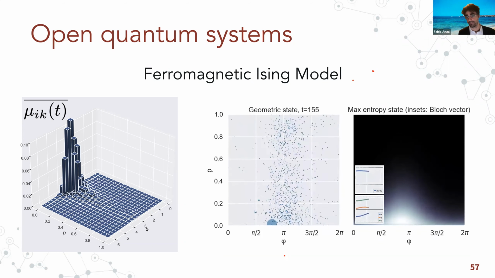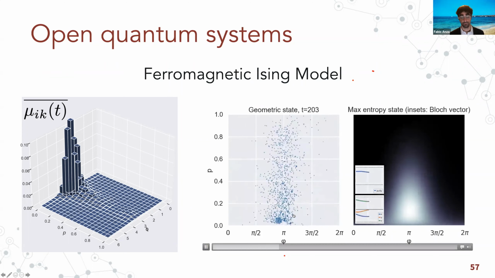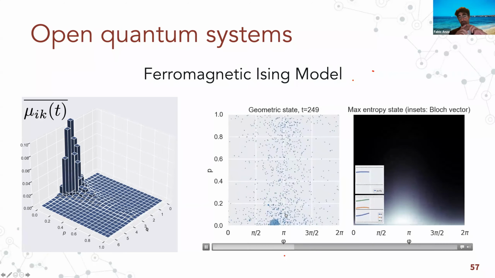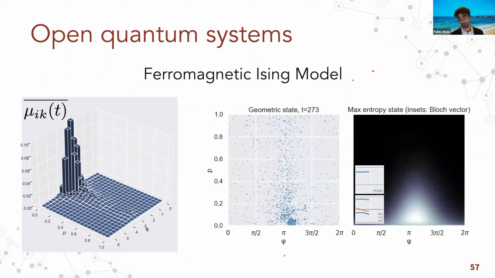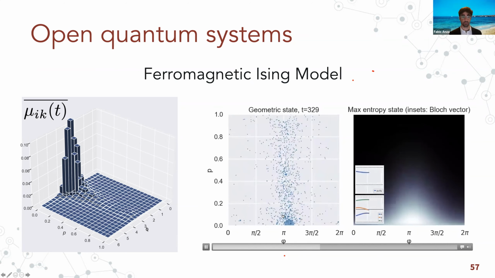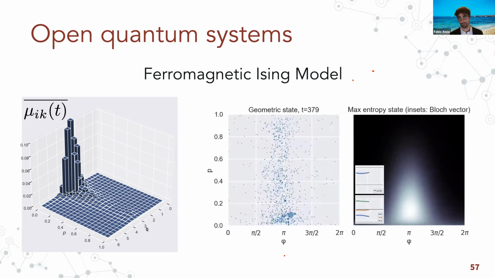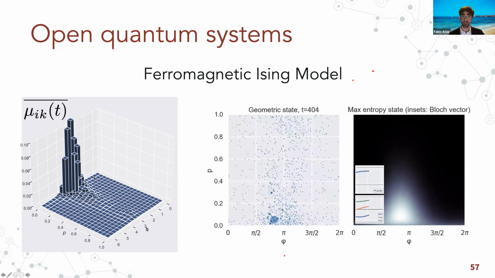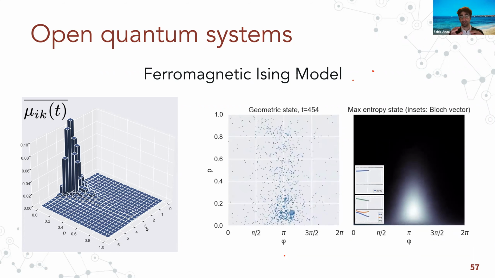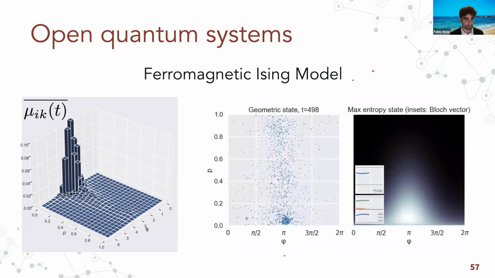And you can see that in the ferromagnetic case, the visual representation is slightly different, because the probability mass is represented by the size of the circle that you see. So there's a lot of probability mass in this low region. If you do the time average of this probability distribution, you get something that is localized. So you have information that is retained in a certain region of the quantum state space.